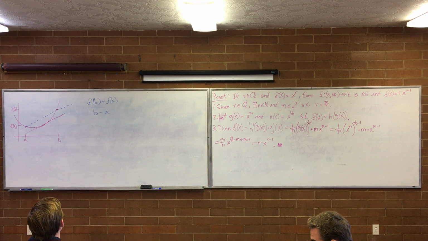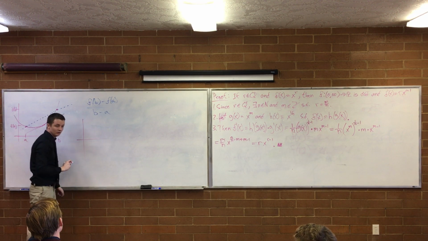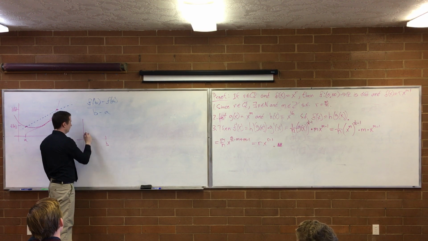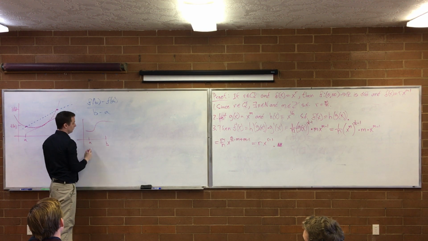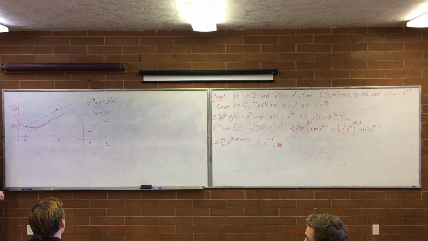If you have a continuous function on a closed interval from A to B, it's guaranteed on this interval to achieve both a minimum and a maximum. Where does that happen? I don't know. We just guaranteed that it does. That was the extreme value theorem.